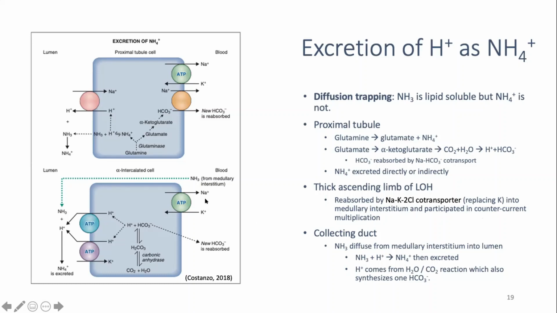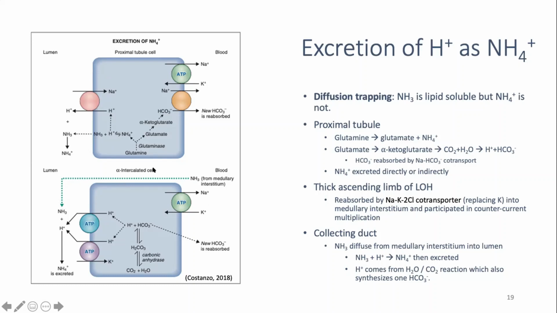After that, it is being reabsorbed, so in the medullary interstitium it will be converted back into ammonia and also H+. This ammonia from the medullary interstitium can cross the plasma membrane and actually reach the lumen again.